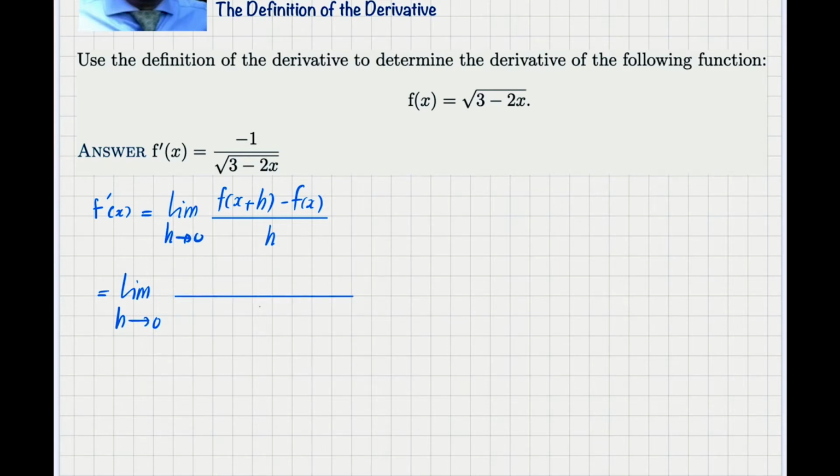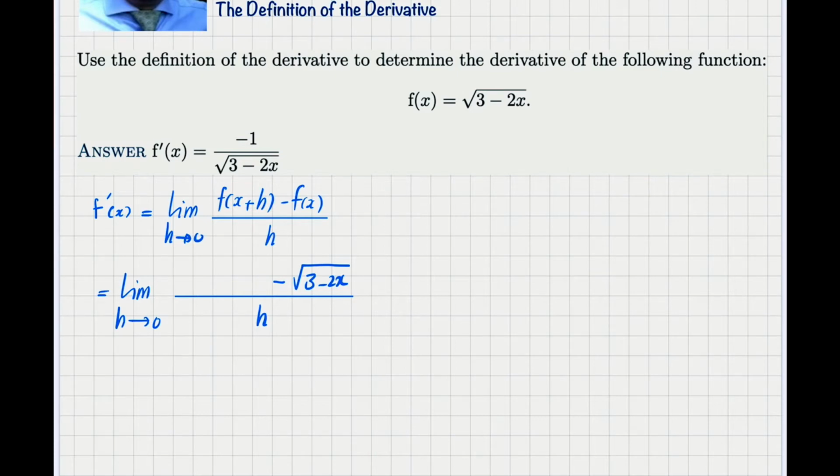We have h in the denominator. You see I have a negative sign here, so I put that negative sign, and then on the right hand side I have my function f of x, which is the square root of 3 minus 2x. On the left hand side I have f of x plus h.